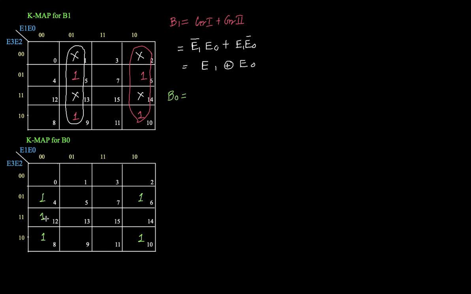Now we can easily take one don't care over here and two don't cares over here, then we can get only one group, and it is a big group of eight 1s.